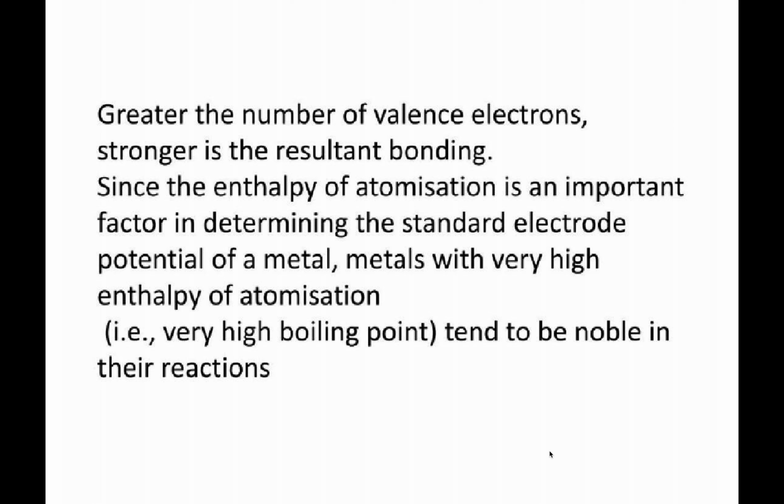The enthalpy of atomization is a very important factor in determining the standard electrode potential of a metal. Metals with very high enthalpy of atomization, that is very high boiling point, tend to be noble in their reactions.